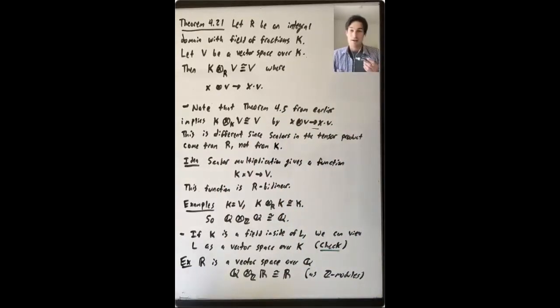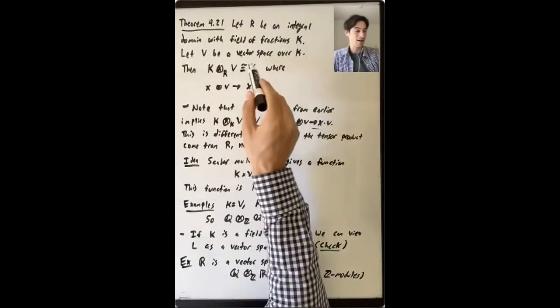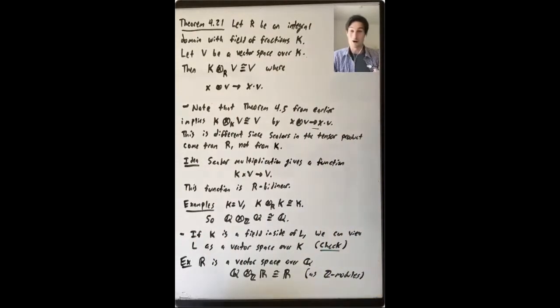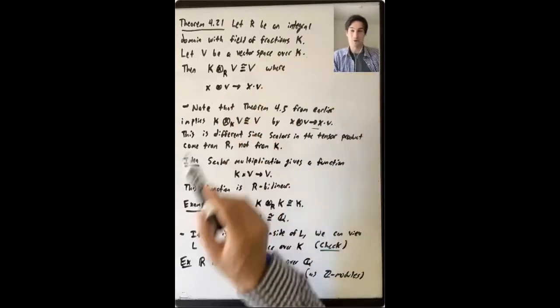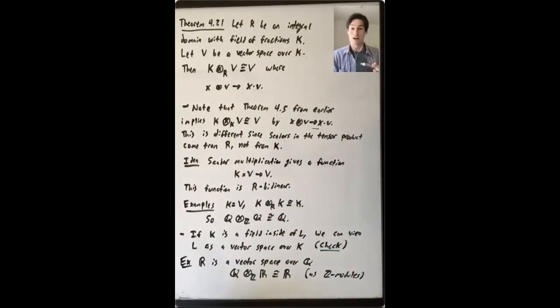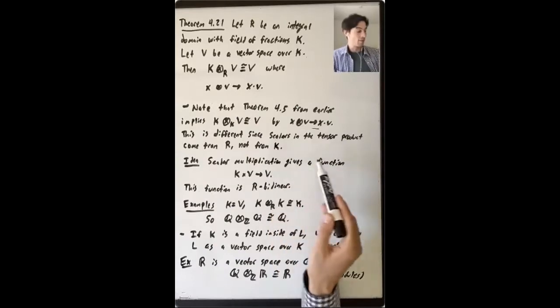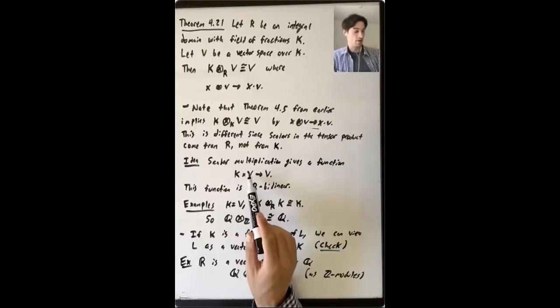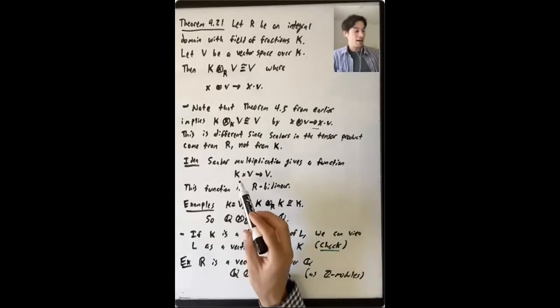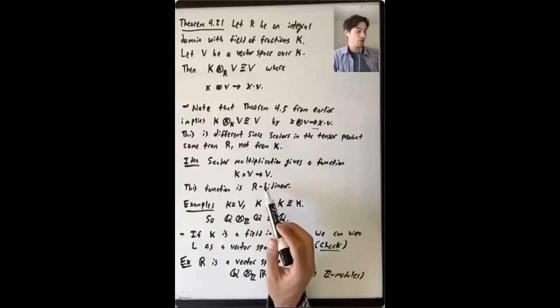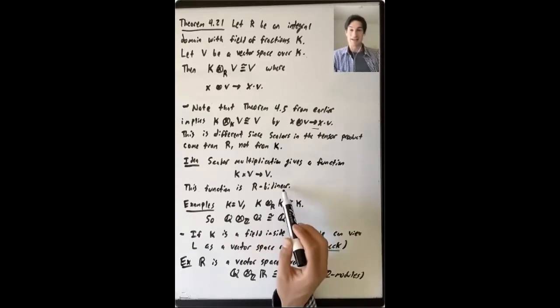All right, so what's the idea here? Well, we need to come up with an R module isomorphism between these two R modules. And where does an R module homomorphism from a tensor product come from? It comes from a bilinear function on the direct product, and scalar multiplication gives a function from K cross V to V. And we know that scalar multiplication satisfies a bunch of nice properties that show that this function is an R bilinear map.